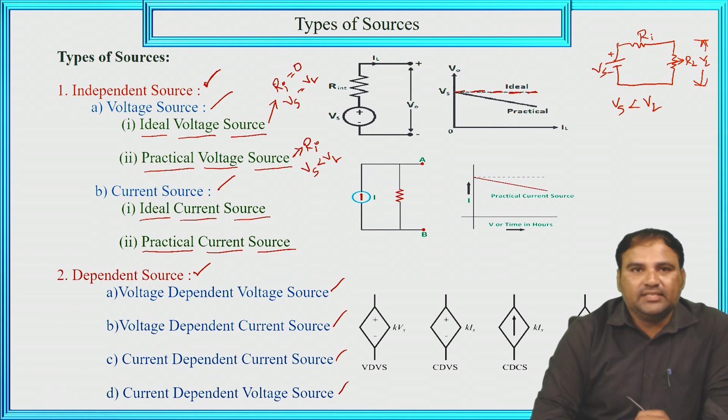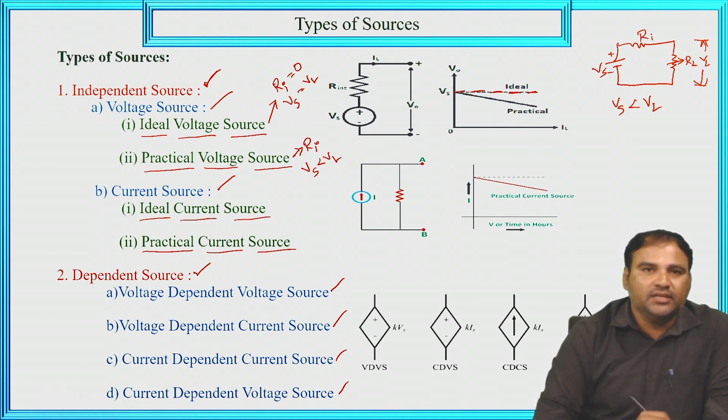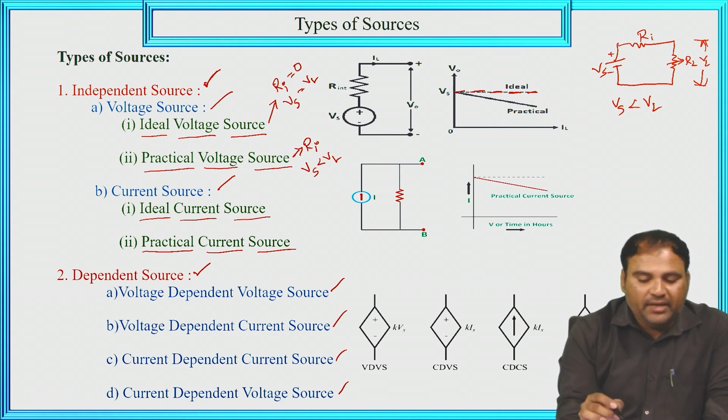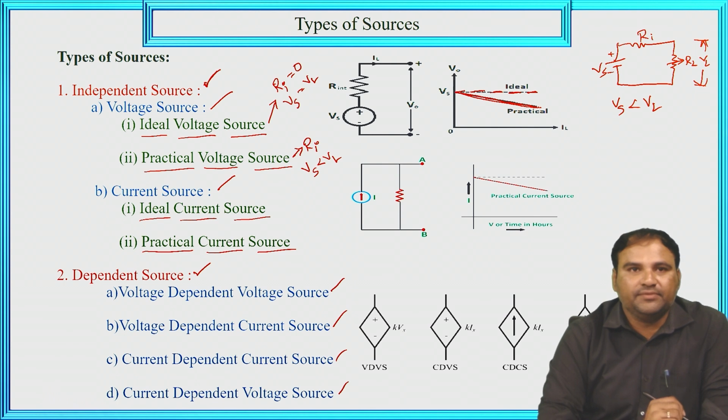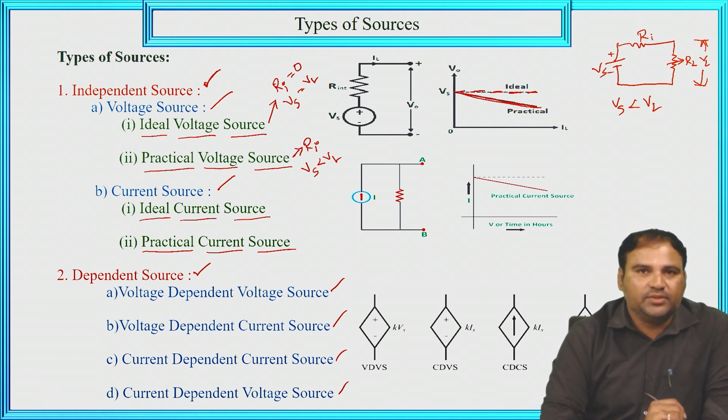Practical voltage source is nothing but a source with a small internal resistance, and the condition is that the source voltage is less than the load voltage. For this practical voltage source, we'll get a graph like this. The graph will fall down like this. This is for the practical voltage source.